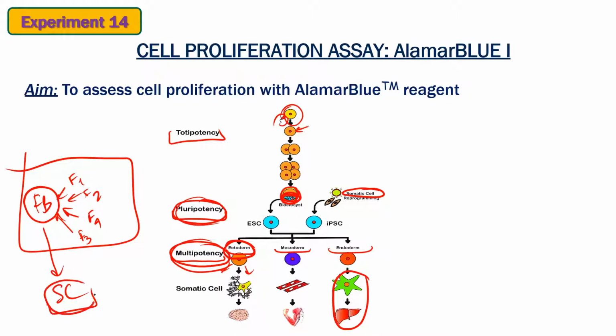So after this erase or reprogramming, we could give another set of factors. So let's say factors 6 to 7, and push this kind of newly prepared stem cell into one of these progenitors.